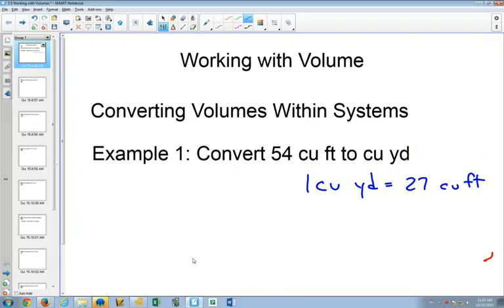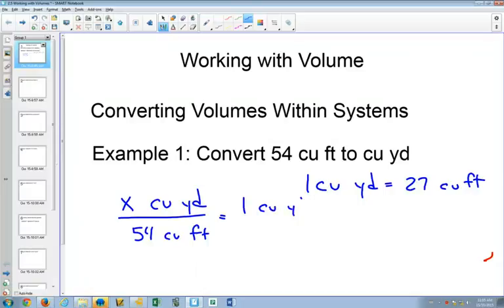If you don't know what to do for a shortcut, if you don't know whether to multiply or divide, set up your proportion. We want to find cubic yards for 54 cubic feet. Our formula sheet says that 1 cubic yard is equal to 27 cubic feet.